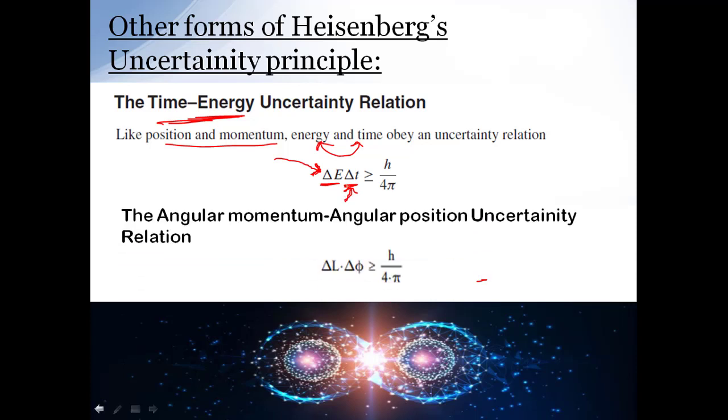Another thing, Heisenberg's uncertainty principle is also valid for angular momentum and angular position, where delta L is angular momentum and delta phi, or I can say theta, is angular position. So Heisenberg's uncertainty principle is valid for this also.